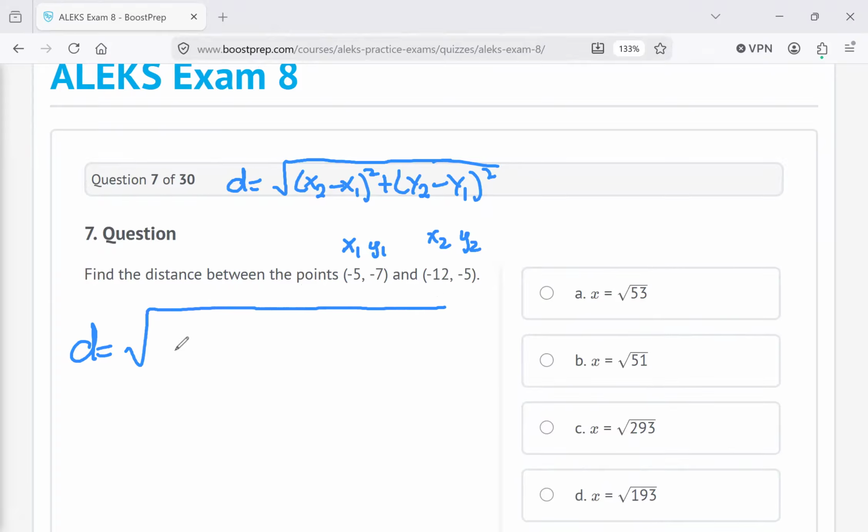Okay, so my x2 is -12 minus my x1 is -5, so -5 squared, plus my y2 is -5 minus my y1 is -7 squared.